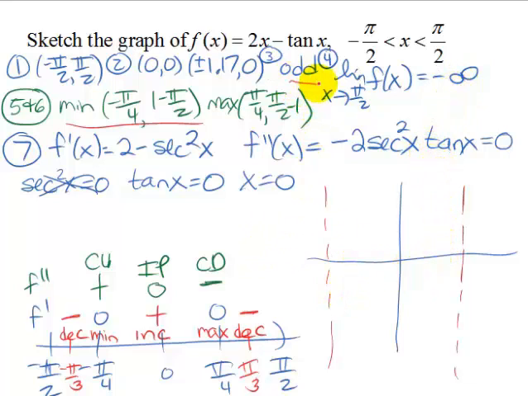Because we do have odd symmetry, we will go ahead and figure out the right half and then copy it. Let's put our intercepts at 0, 0, and 1.17. So of course there's going to be one over here at -1.17. We know we have a maximum value at pi over 4 and pi over 2 minus 1.